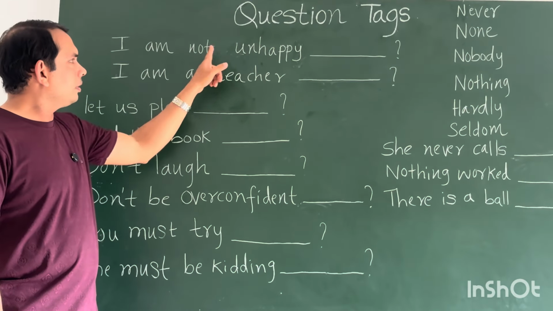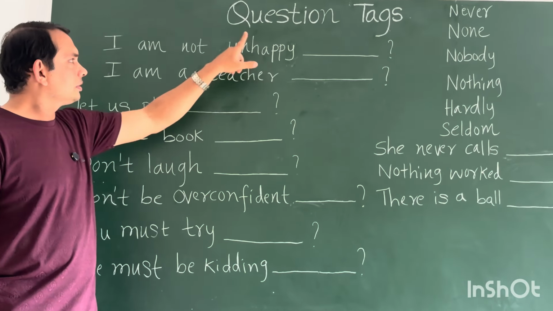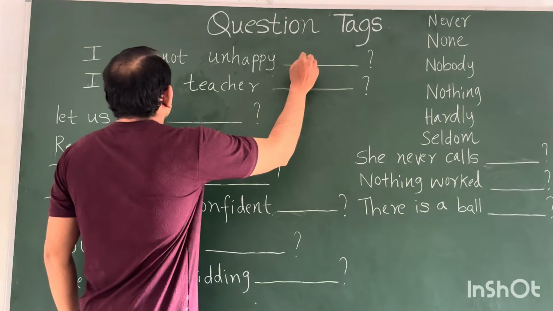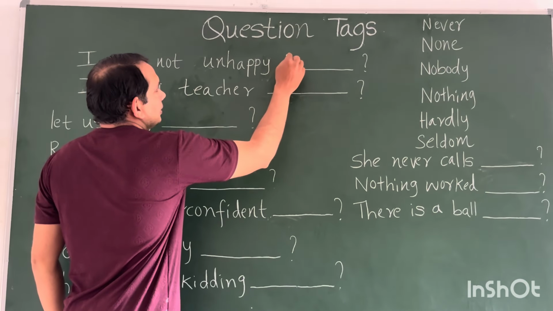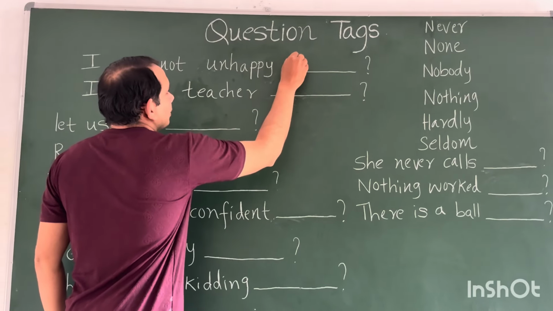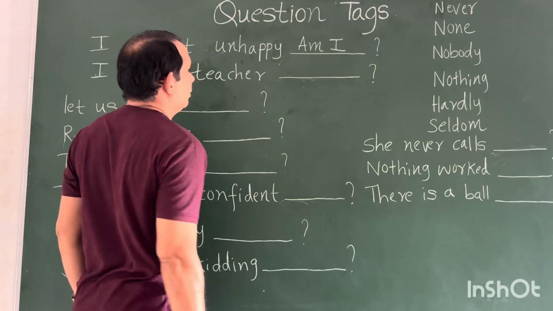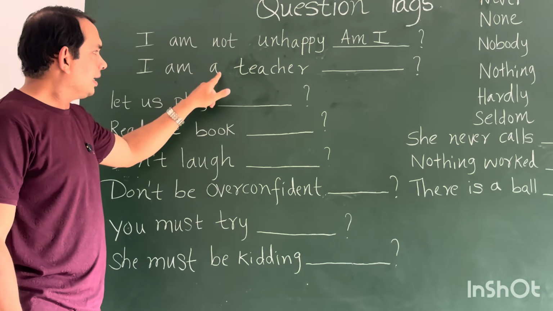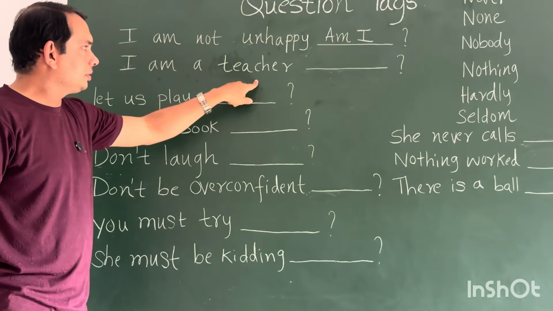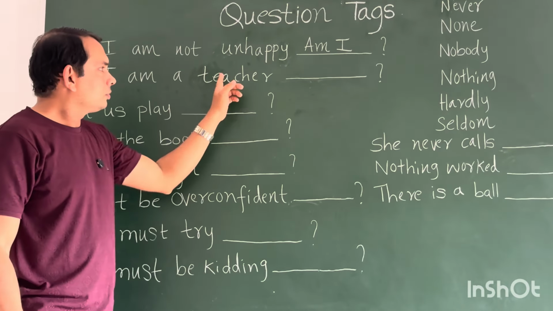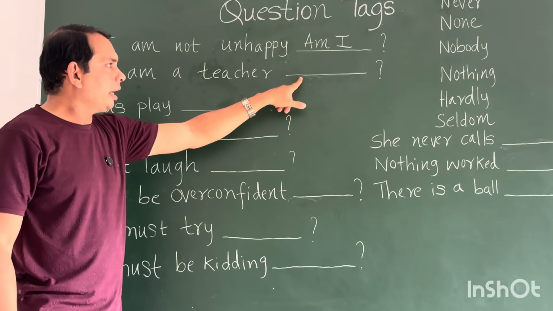Look at this example. I am not unhappy. This is a negative sentence. The question tag to this particular sentence is am I. But what about the answer to this one: I am a teacher. This is a positive statement. To this, we can't write am I not.